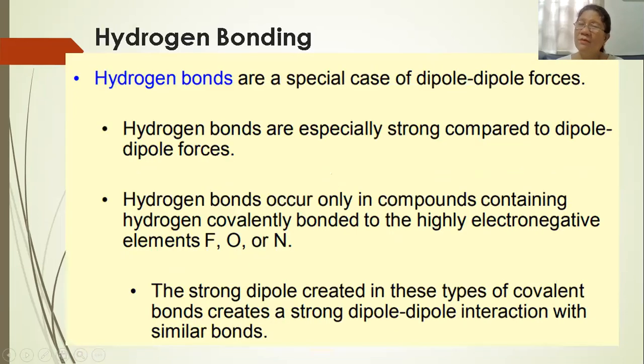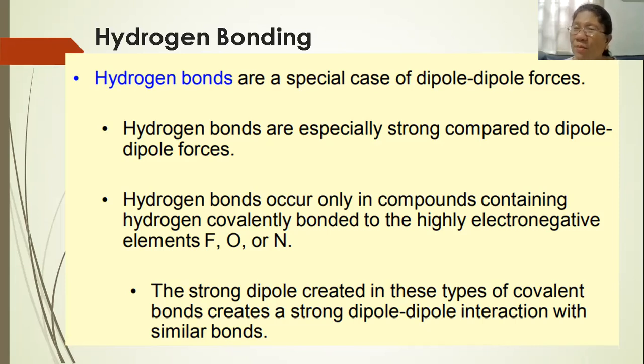The next one is hydrogen bonding. What is hydrogen bonding? This is under dipole-dipole force, but this kind of bond is stronger compared with dipole-dipole force. Why? Because hydrogen bonds contain hydrogen, and this hydrogen is covalently bonded to highly electronegative elements.